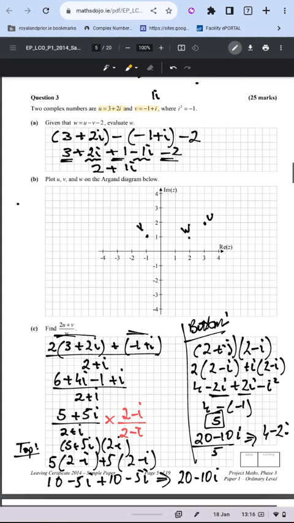So 4 minus 2a. Is that right? Yeah, right. Oh, jeez. Made a wee silly mistake back here.